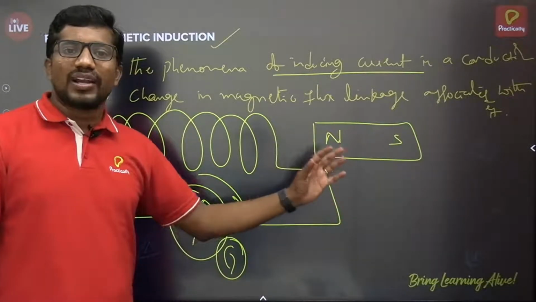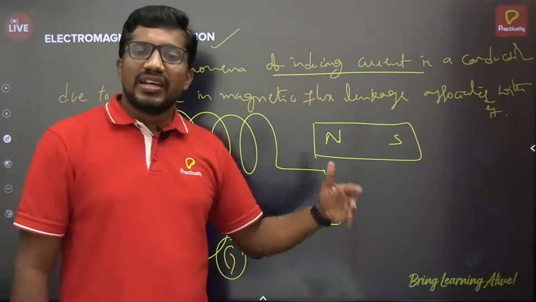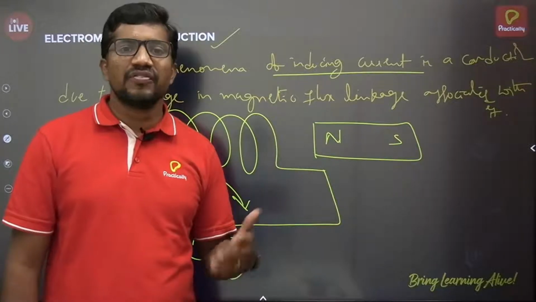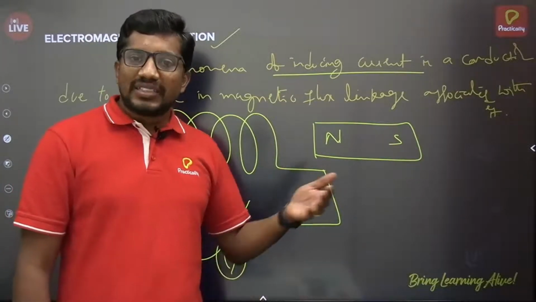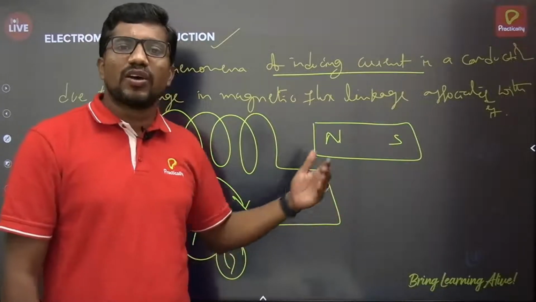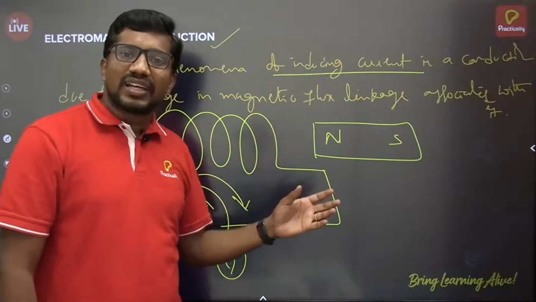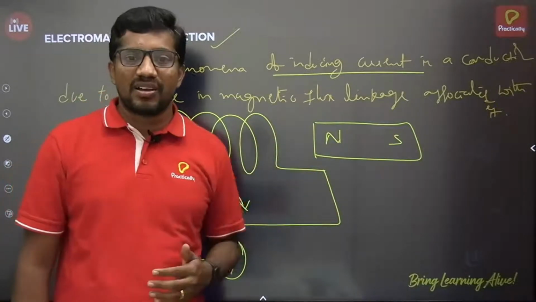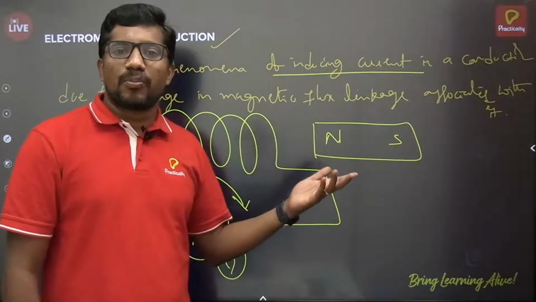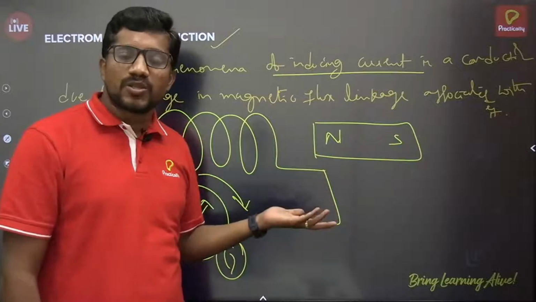That's what we call Faraday's laws. Faraday's first law states that EMF will be induced when the magnetic flux linkage associated with the coil is changed. The second law states that the induced EMF will be directly proportional to the rate of change of magnetic flux linkage. And the direction of the induced current can be given with the help of Lenz's law, that is, the induced current is in the opposite direction to the cause producing it.